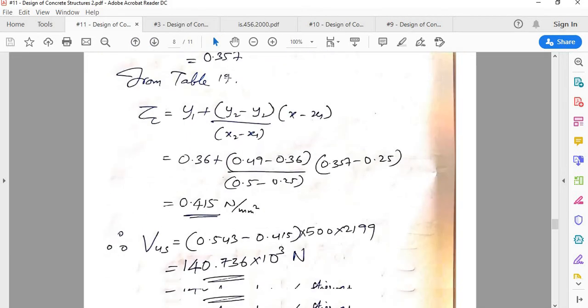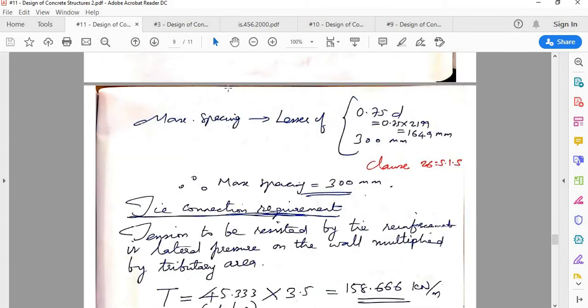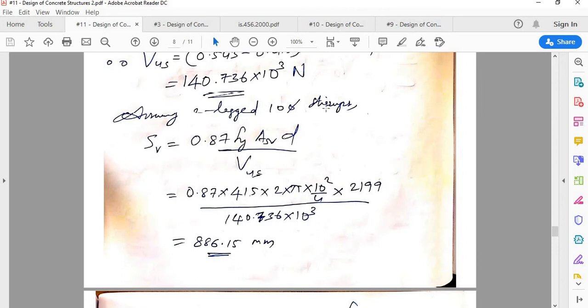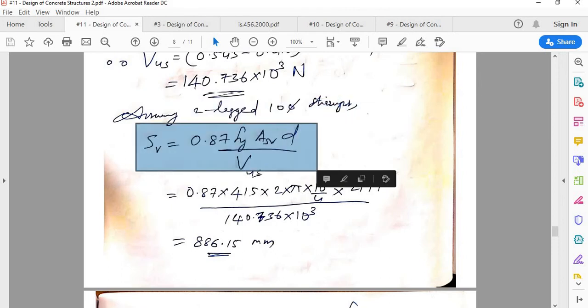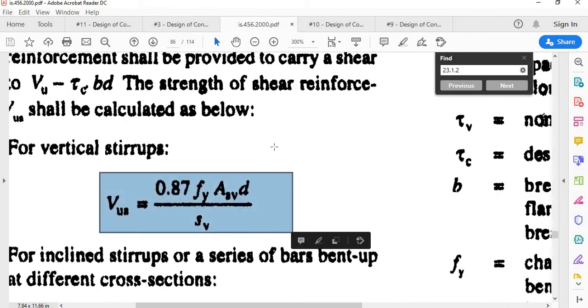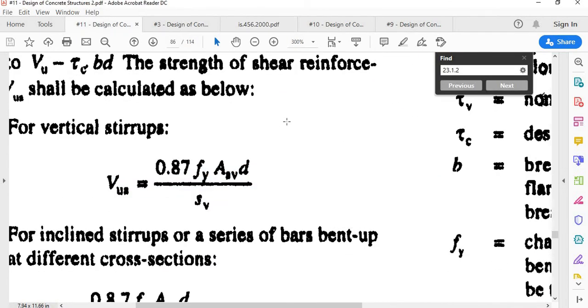So let us assume 2-legged 10 dia stirrups. With that assumption, using the formula which I have used many times, we can calculate the spacing.